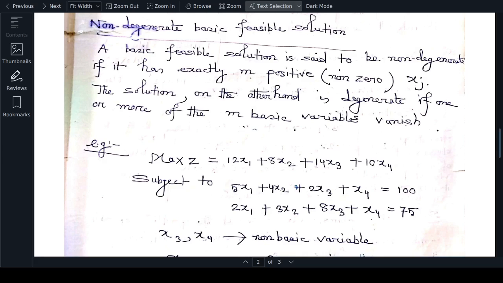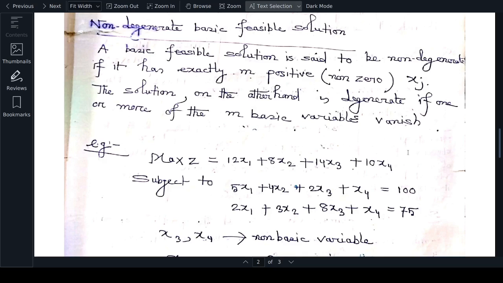Yes, if after solving this, the basic variables give us one variable value as 0, then this gives us a degenerate basic feasible solution.